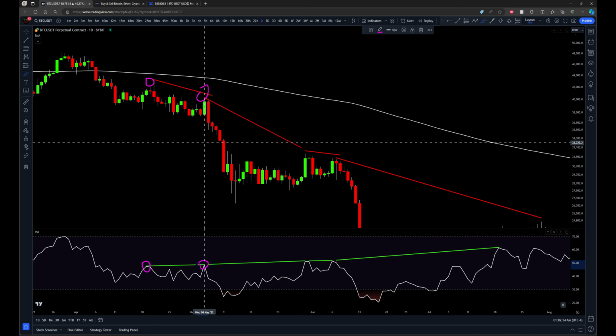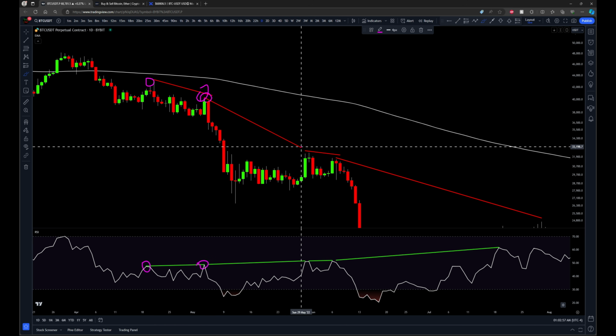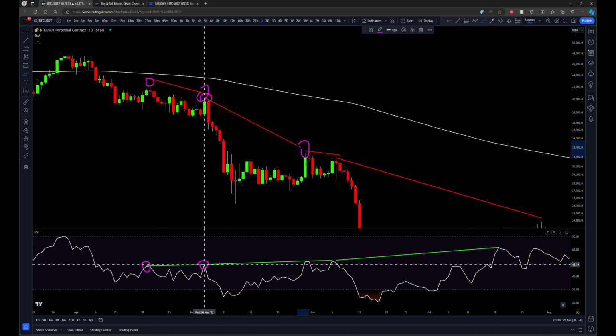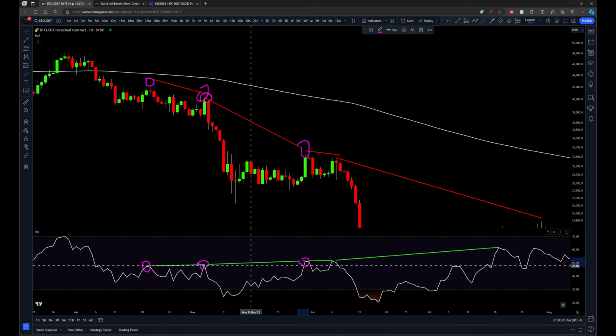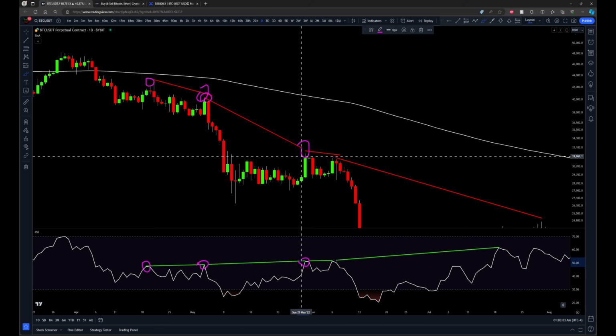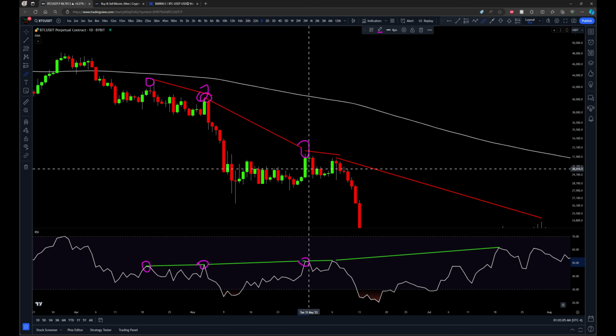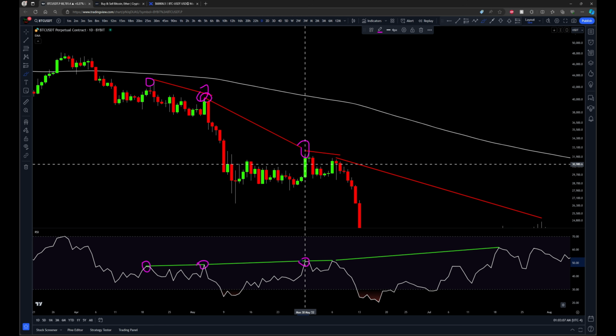And then here's another one, this one here, compared to this pullback here, coming up higher on the RSI, but price is making a much lower high. That's when we can then go down to our lower time frame and look for a regular bearish divergence. So hidden bearish divergence on the high time frame, regular bearish divergence on the low time frame.